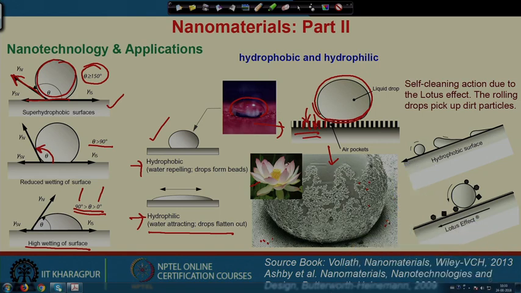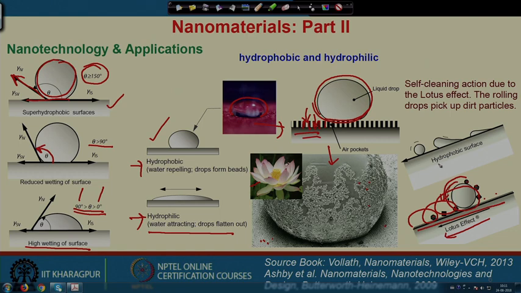We can mimic this natural feature to produce a surface with a lotus effect. The particles lying on a surface, when a water droplet falls, it automatically rolls and collects those particles.